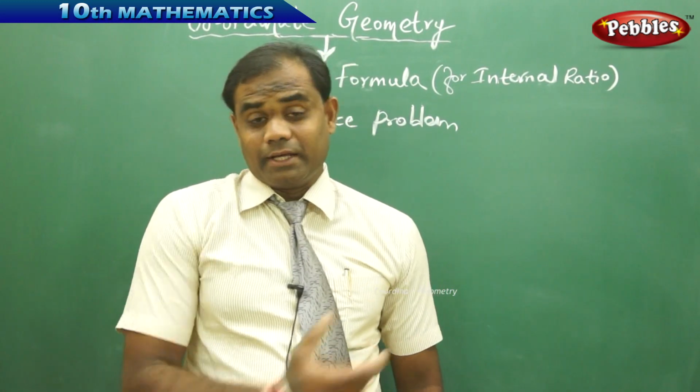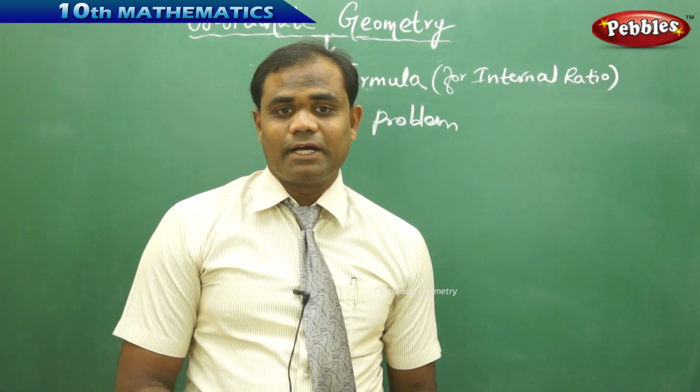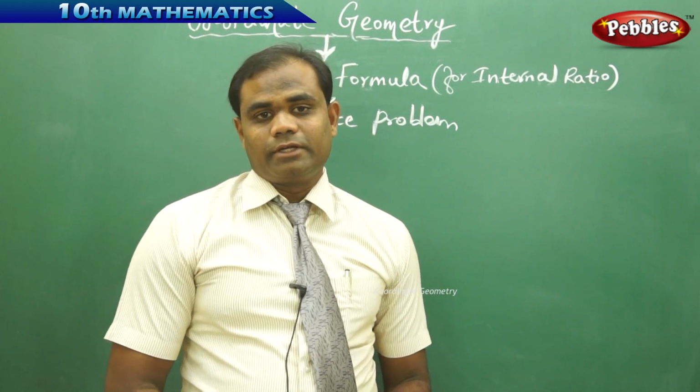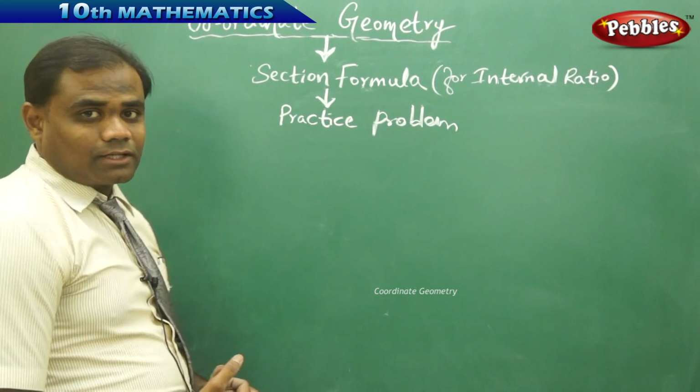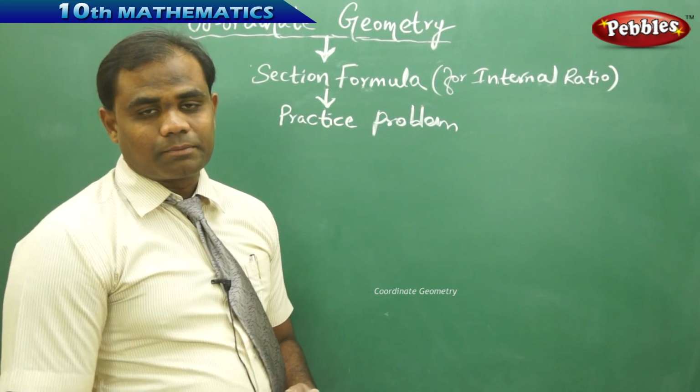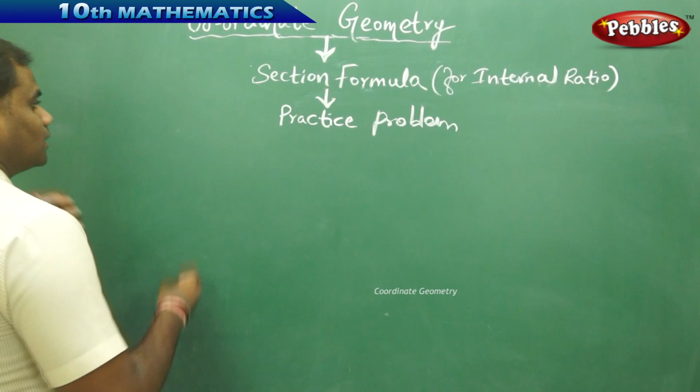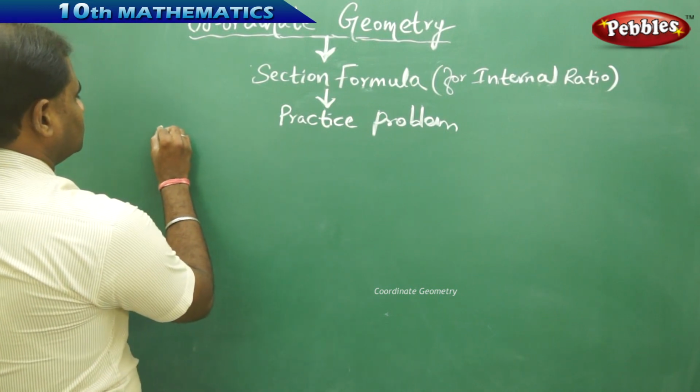Now let's see an example problem through which we understand the internal ratio concepts better. As we have derived the formula very recently, let's take a problem connected to it.